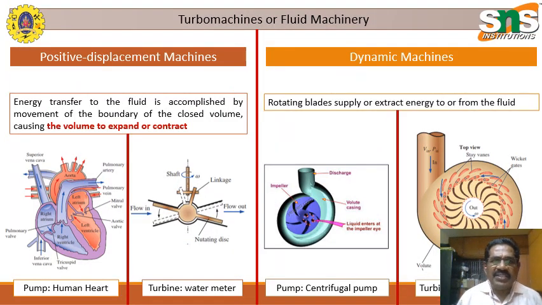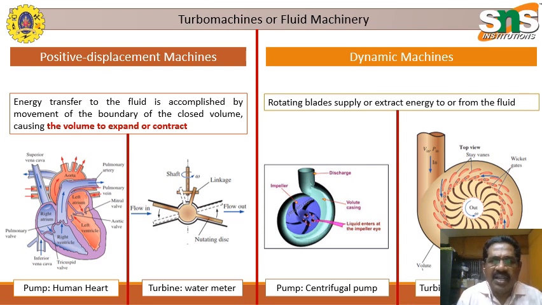Now, turbo machines or fluid machinery is what we are going to look at today. There are positive displacement machines, and one example is the human heart, which is shown here, and the water meter. The energy transfer to the fluid is accomplished by the movement of the boundary of the closed volume, causing the volume to expand or contract.